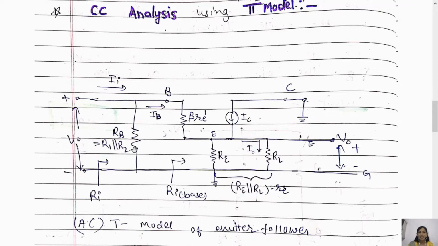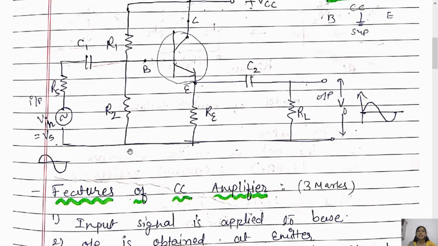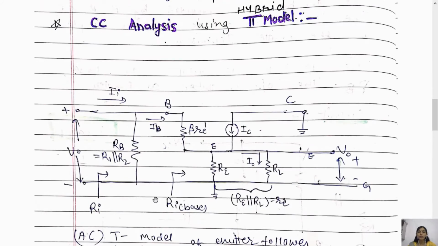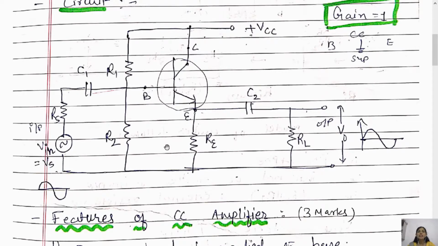Input resistances are shown at the input side, R1 parallel R2. See, this is the basic DC circuit of the common collector, and this is the AC circuit of the common collector, in which we just ignore the capacitance and draw the input resistances of the main circuit.